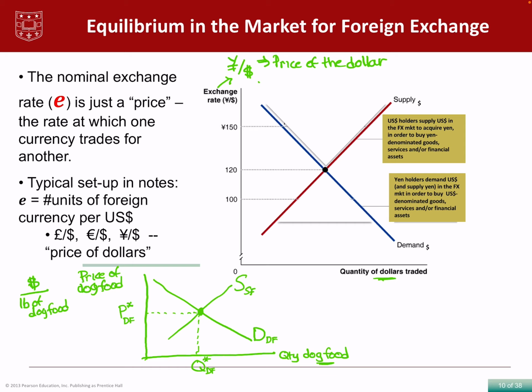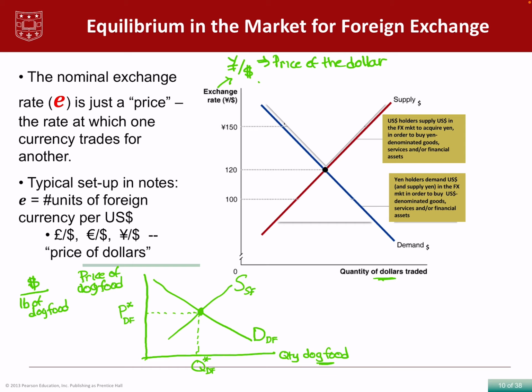So let's take the demand side. Why are dollars demanded in the foreign exchange market? Dollars are demanded in the foreign exchange market because people in the rest of the world need to acquire dollars in order to buy dollar denominated goods or services or financial assets.